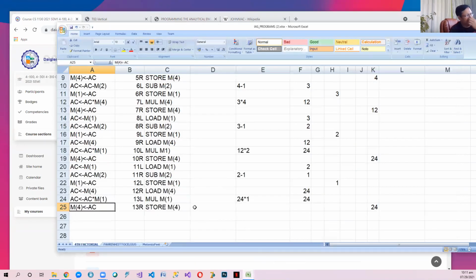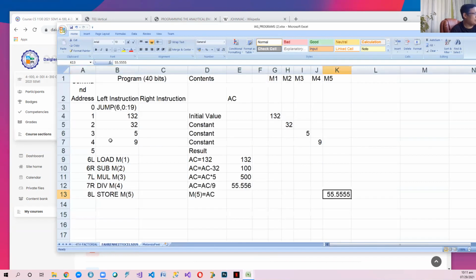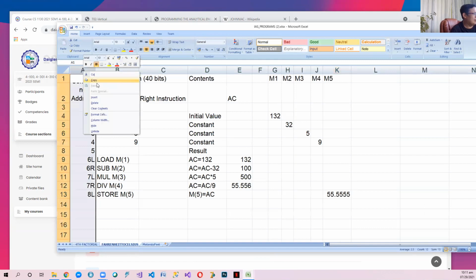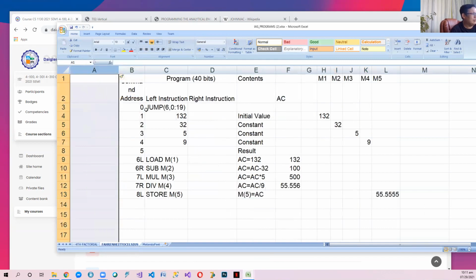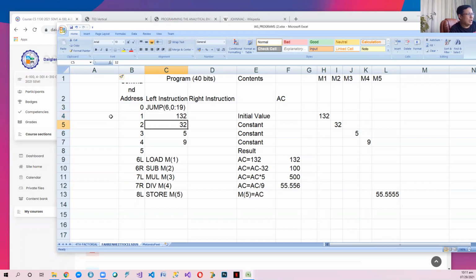So now I'd like to show you the Fahrenheit to Celsius. It's rather straightforward. So this is our initial value. We are going to convert 132. Fahrenheit to Celsius. So the formula is Fahrenheit minus 32, times 5 over 9.